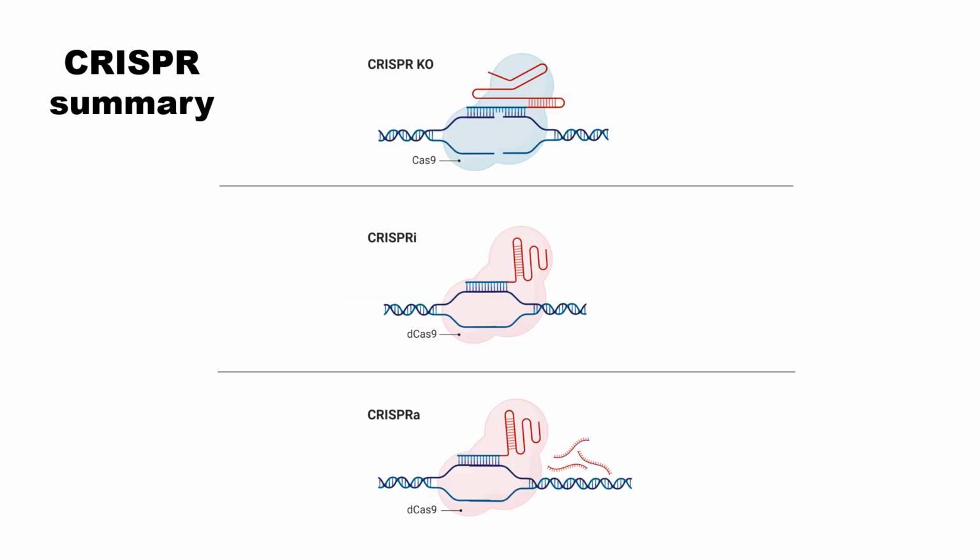Let's compare those three techniques. Original CRISPR works by binding to the target gene, and Cas9 cleaves the target gene. So this is deletion of the gene. That's why this is called CRISPR knockout. CRISPR-I does not affect the DNA itself, but it blocks the synthesis of new mRNA. So this is a knockdown experiment.